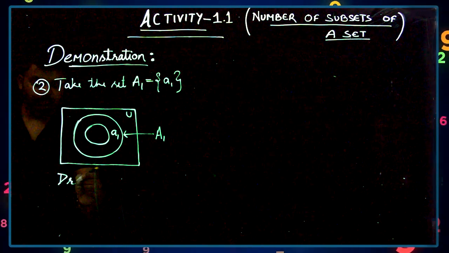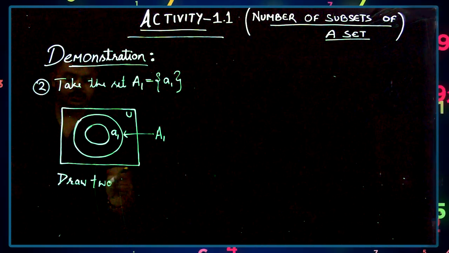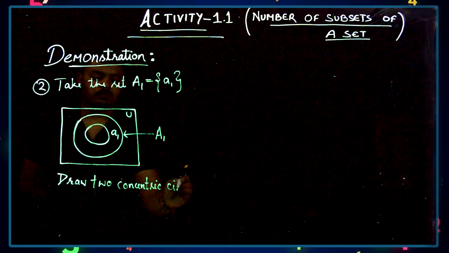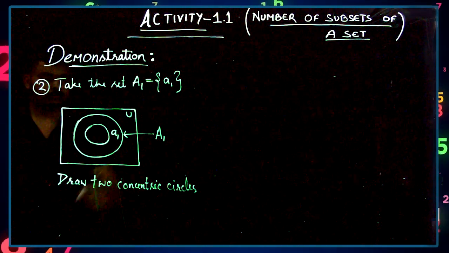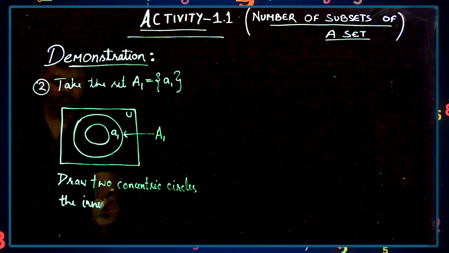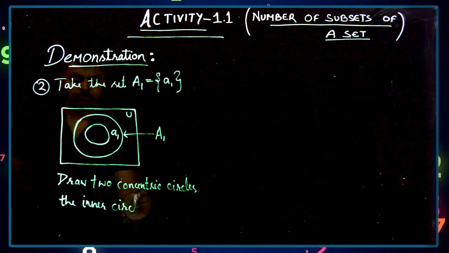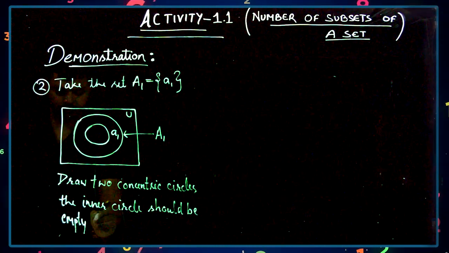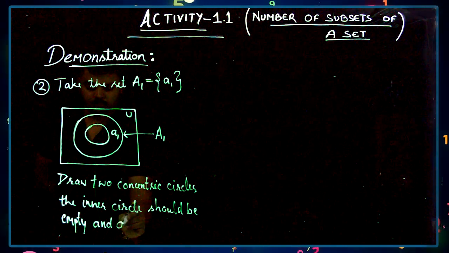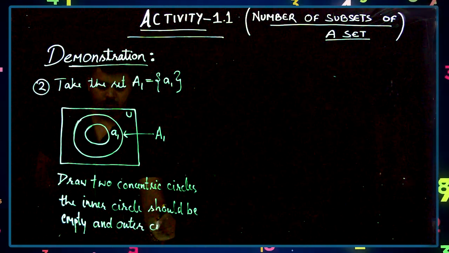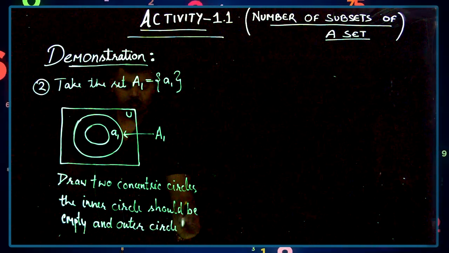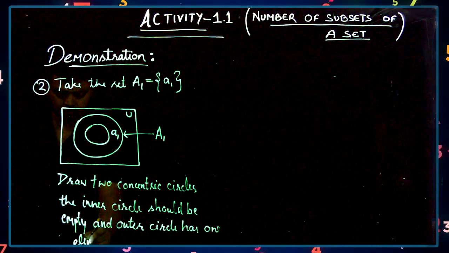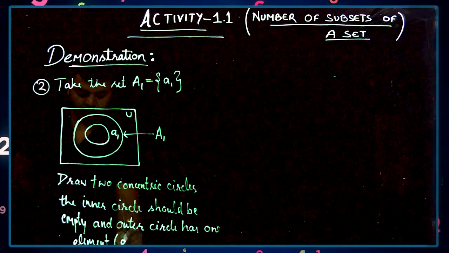So draw two concentric circles, the inner circle should be empty and the outer circle has one element, a1.